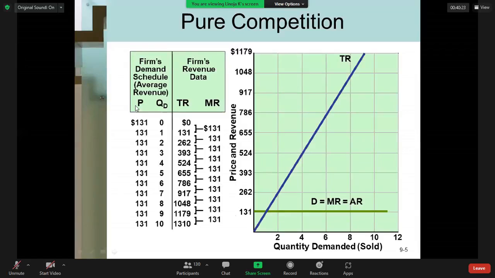First of all, you know the price, marginal revenue, and the average revenue are the same, $131, right? So you have to mark that.